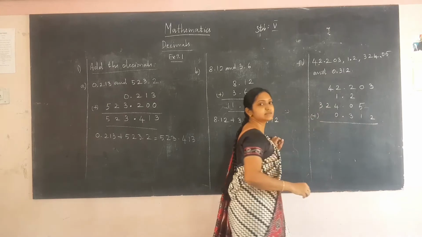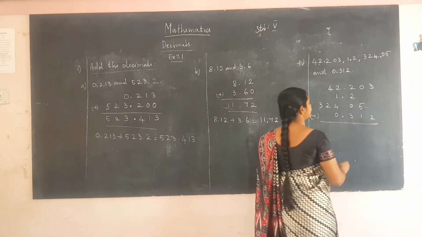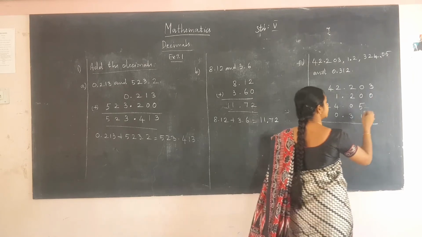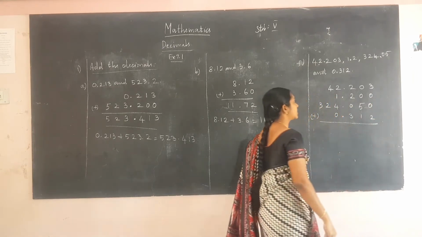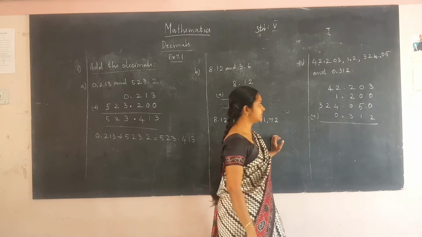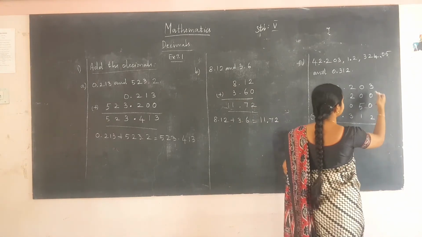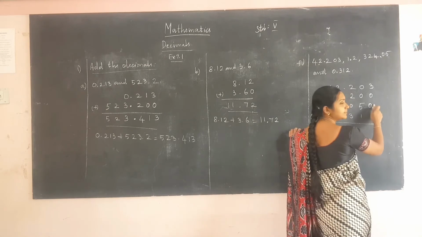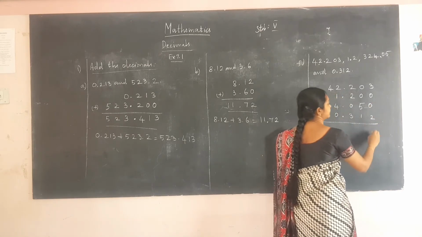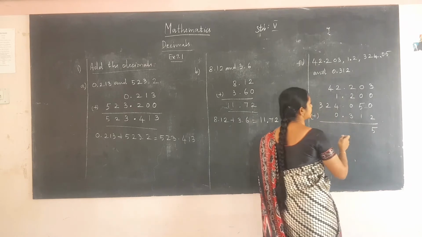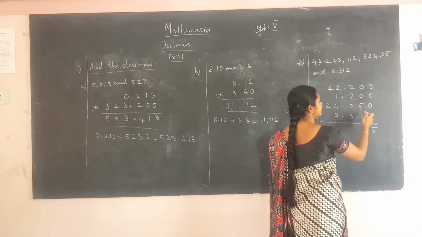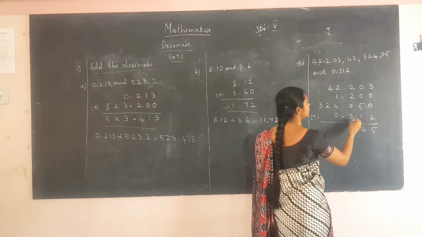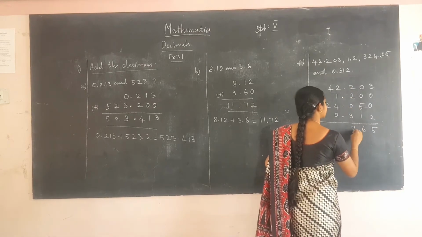Convert unlike decimals into like decimals. Here we have to put 2 zeros and here we have to put 1 zero to convert them into like decimals. Now we can start adding. 3 plus 2 is 5, 5 plus 0 is 5 and 5 plus 0 is 5. 0 plus 0 plus 5 plus 1 is 6, 2 plus 2 is 4, 4 plus 3 is 7.